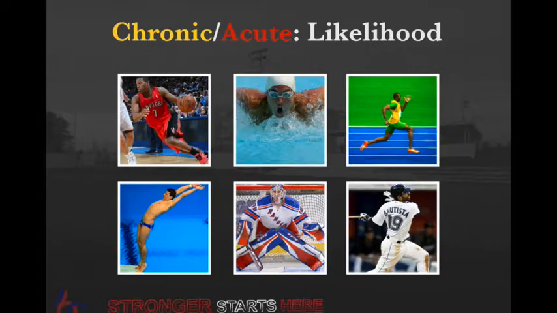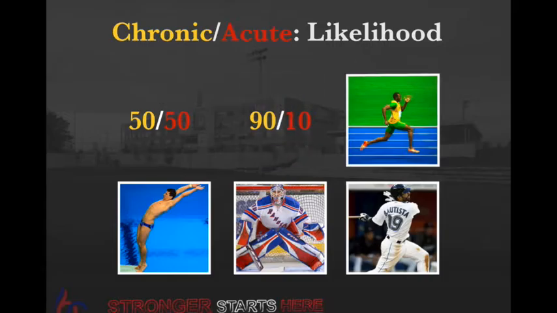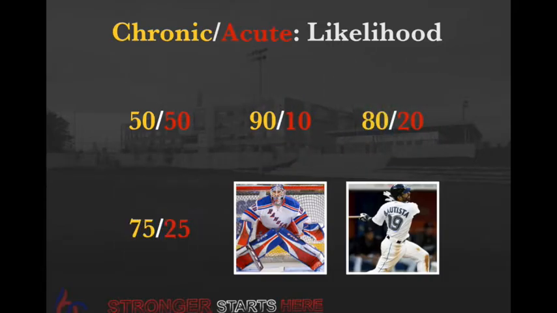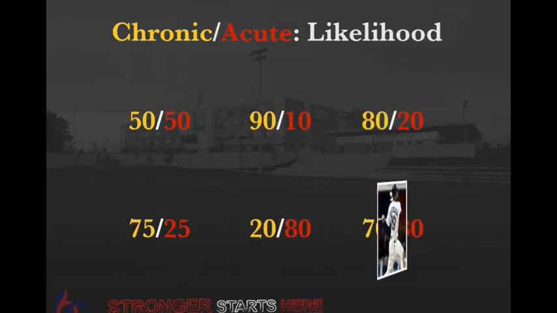If we were to divide the likelihood into two different types, we could say a chronic to acute likelihood might be 90% chance of chronic, 10% acute for some, and the opposite for others. So if we just flip these all around here, we'll see some estimates, and these are my own estimates, but we're looking at different sports now and different likelihood of injury type, chronic versus acute.